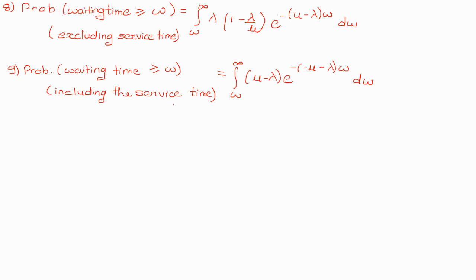Now if the question is to find the probability that a customer has to wait for more than 10 minutes, excluding the service time, or the probability that a customer has to wait in a queue for more than 10 minutes. Waiting in a queue means the service is not included. After waiting in the queue, once that is finished, he performs the service.